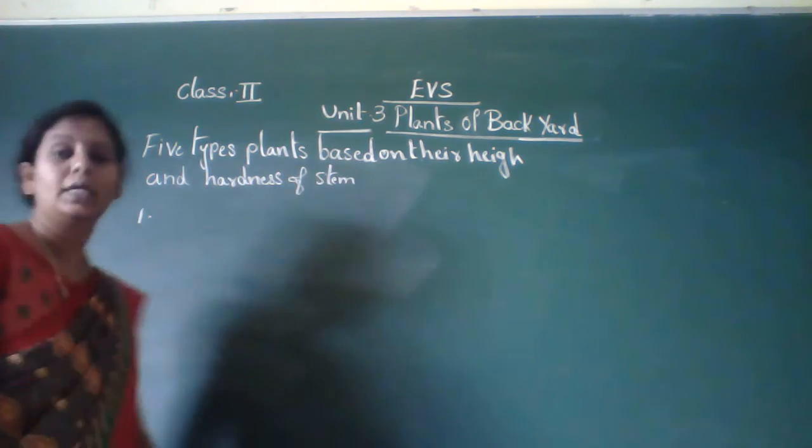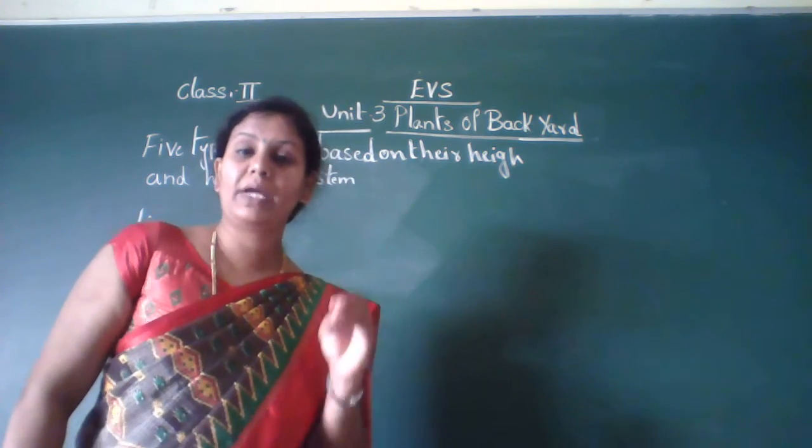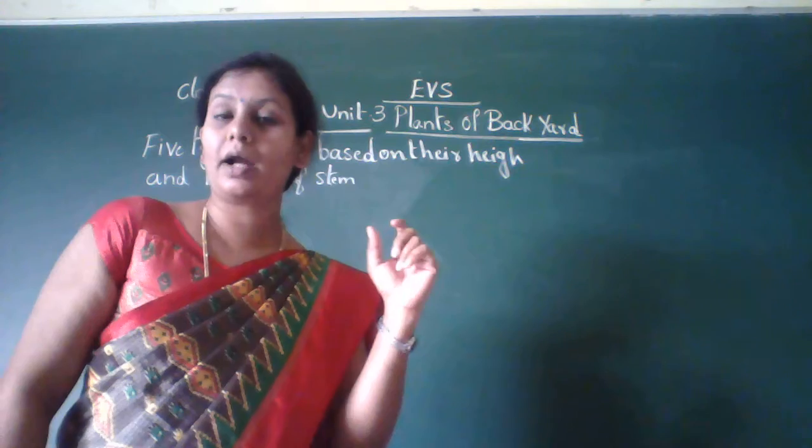So we divide or classify the plants into 5 types based on their height and hardness of the stem.